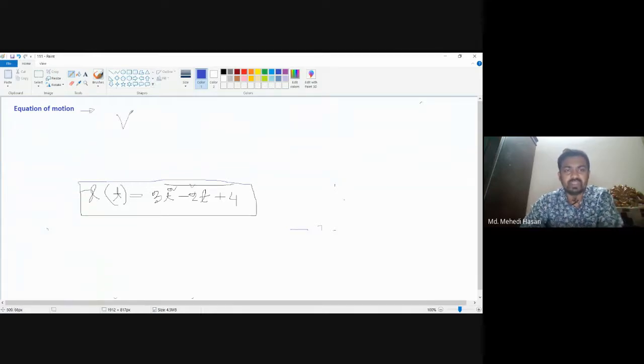The first one is v equal to u plus at, s equal to ut plus half at square, and v square equal to u square plus 2as. So they are called the equations of motion: first equation, second equation, third equation. These three equations are basically called the equations of motion.